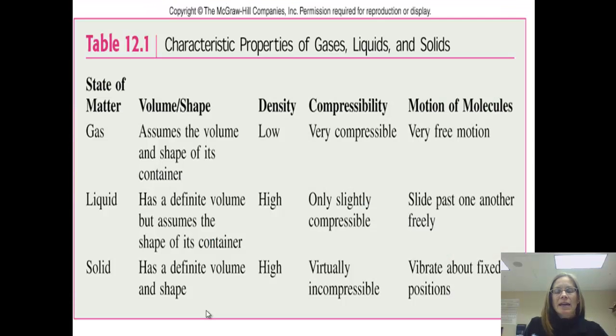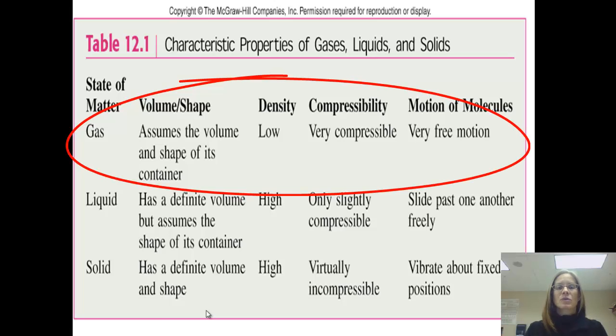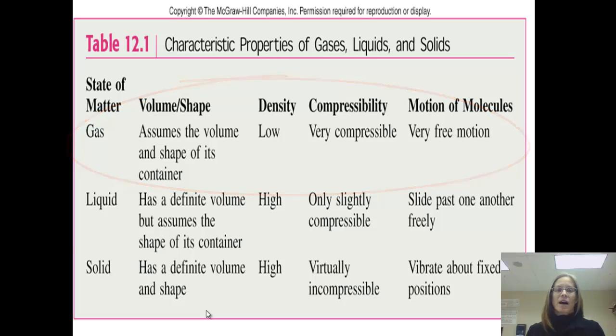So this table pretty much just sums up some of these properties of gases, liquids, and solids in different states. With gases, we see that they take the shape and volume of the container. So whatever the shape of the container is, whatever the space is, that gas is going to occupy it. It has a very low density, but a very high compressibility.